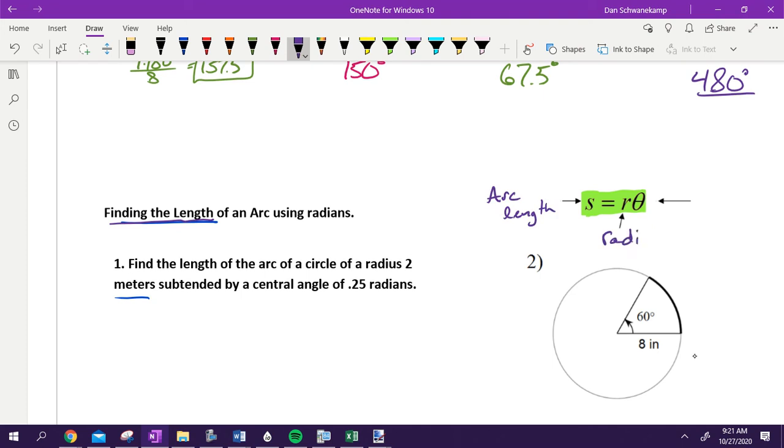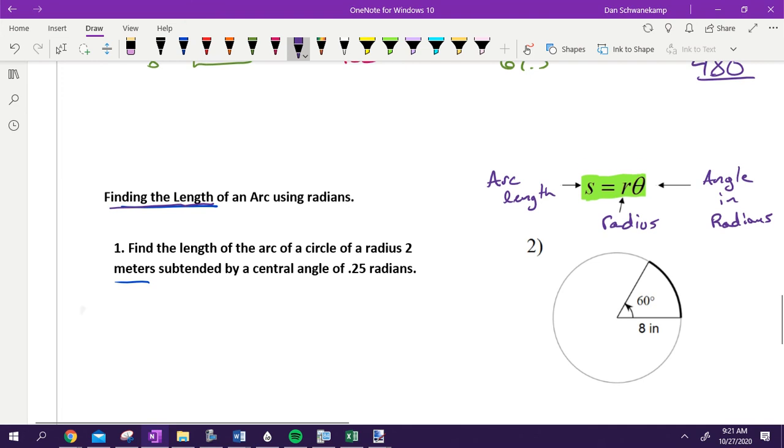R stands for radius. And theta stands for your angle in radians.